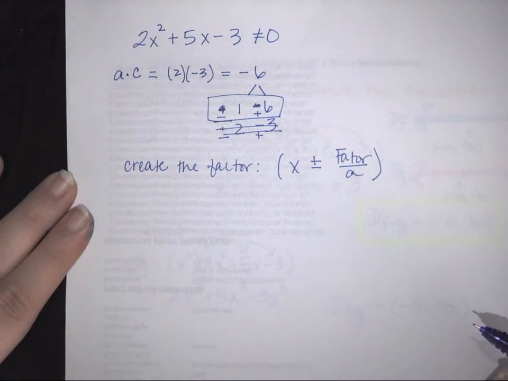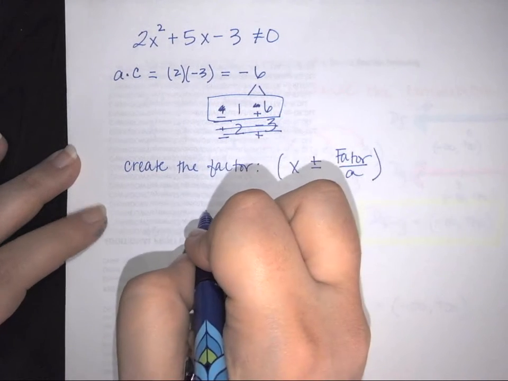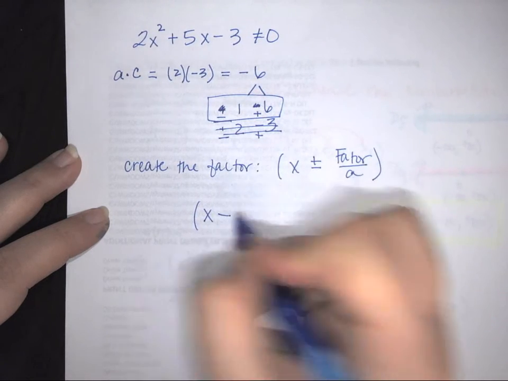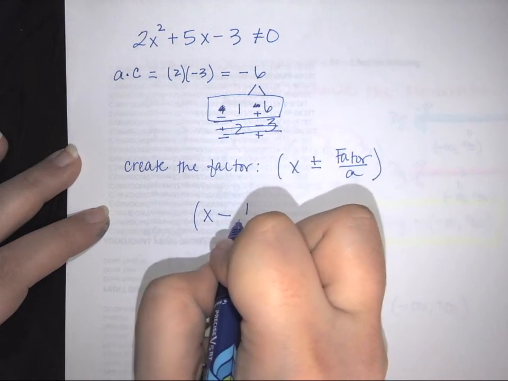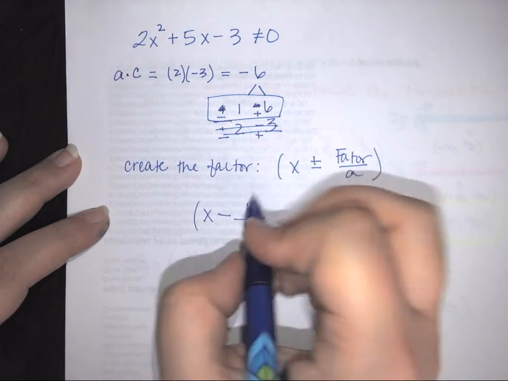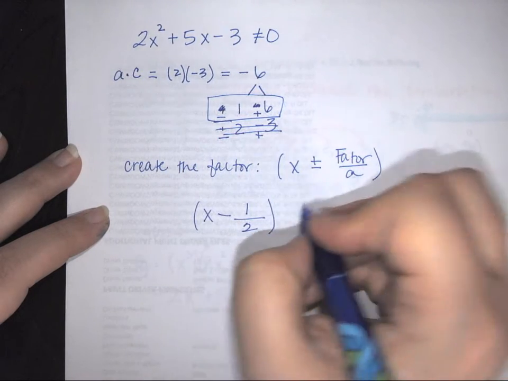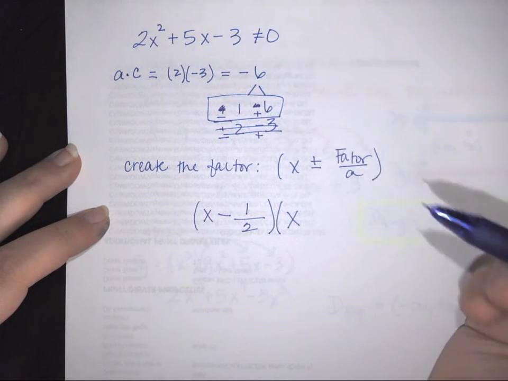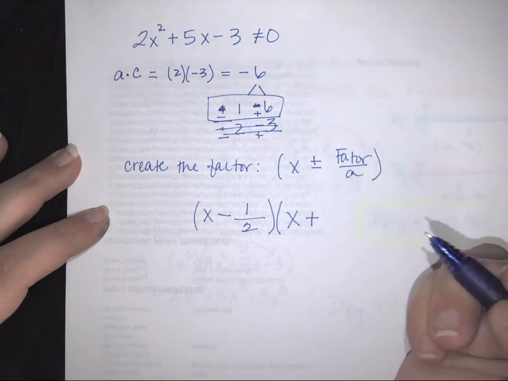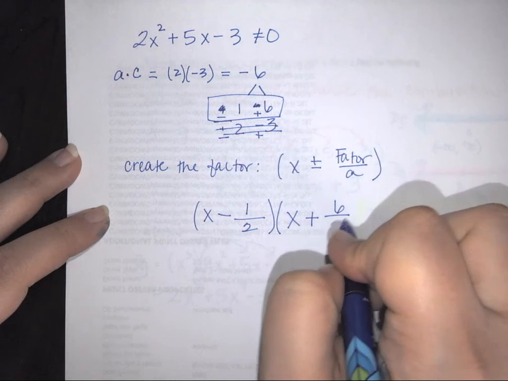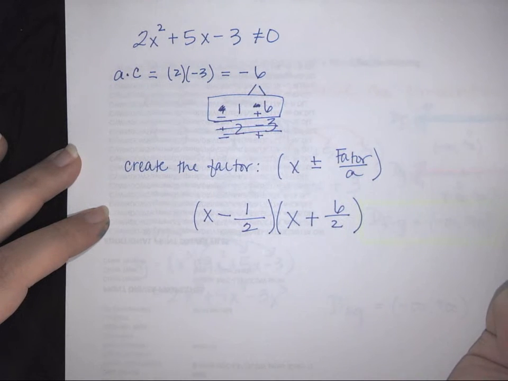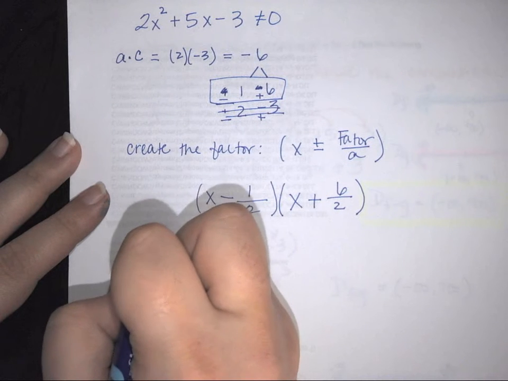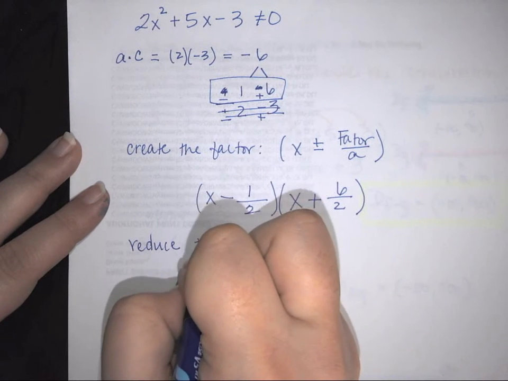So here I'm going to have x, I've got a minus 1, so this is minus, my factor was the 1, my a is 2, so this is 1 over 2. Now I have to do the other one. This is going to be x, I'm using plus 6, so my sign is plus, my factor was 6 over 2. Once you've created the factors, you need to reduce the fractions.